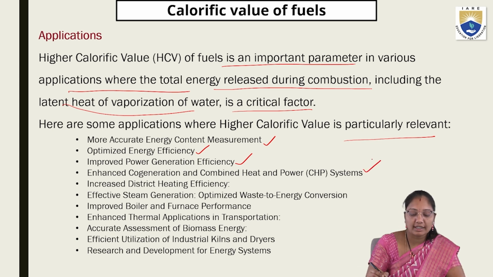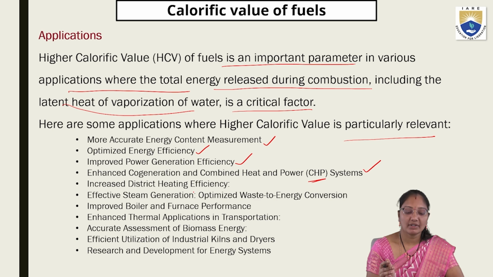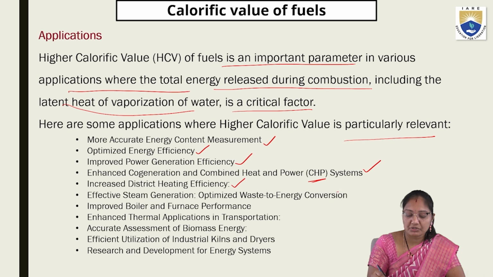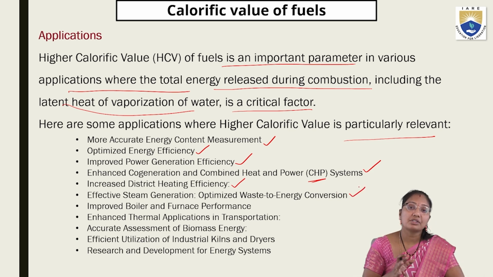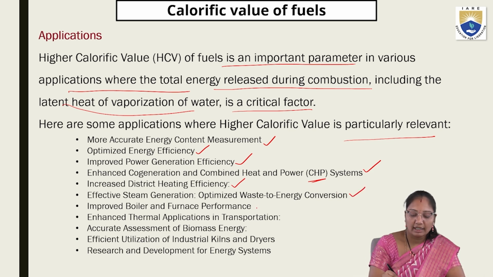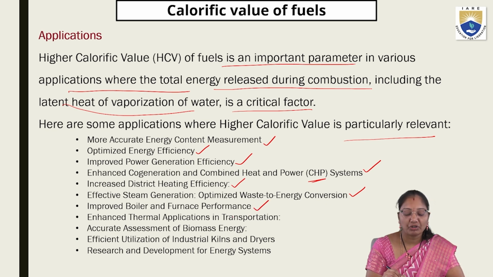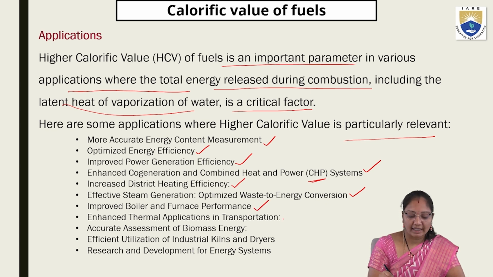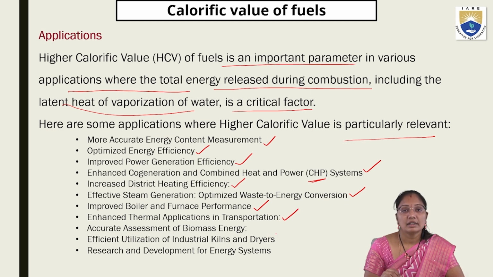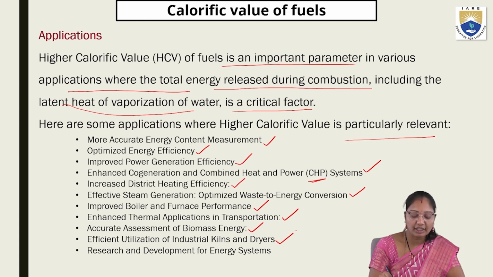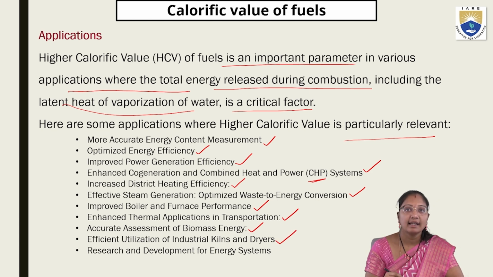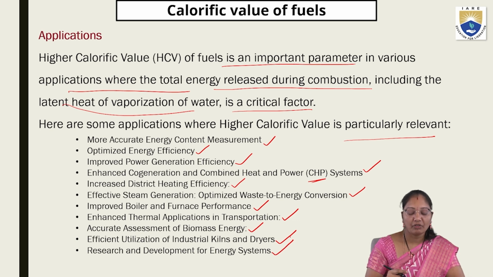And enhanced cogeneration and combined heat and power, called CHP systems, and increased district heating efficiency, which is effective from steam generation, then optimized waste-to-energy conversion. Then improved boiler and furnace performance at the industrial level, enhanced thermal application in transportation, accurate assessment of biomass energy, and efficient utilization in industrial cleans and dryers, and R&D of energy systems.